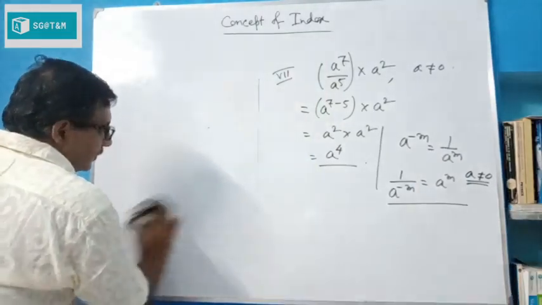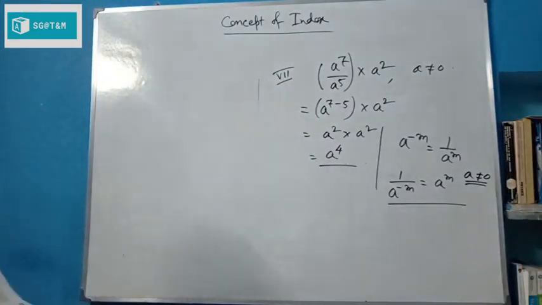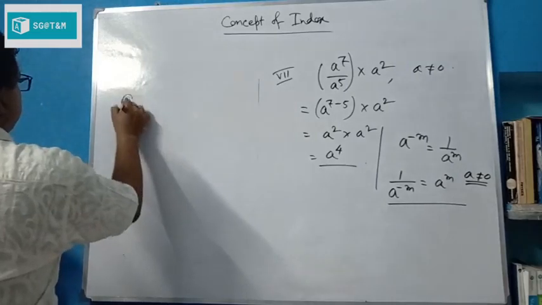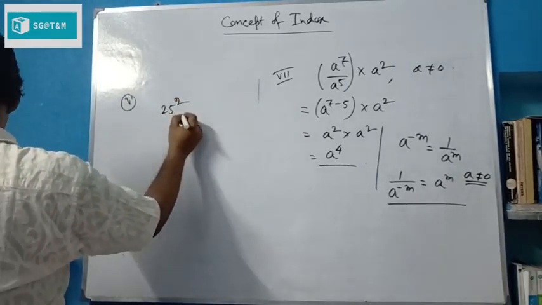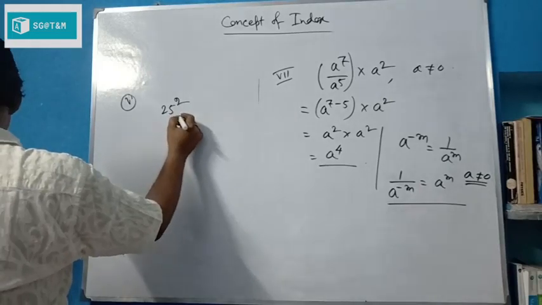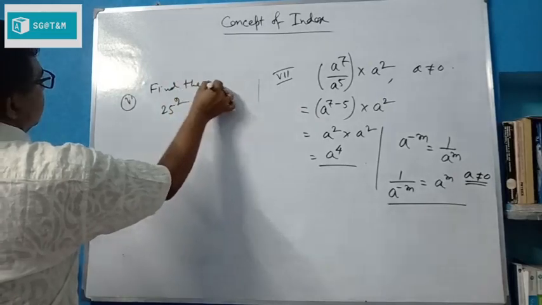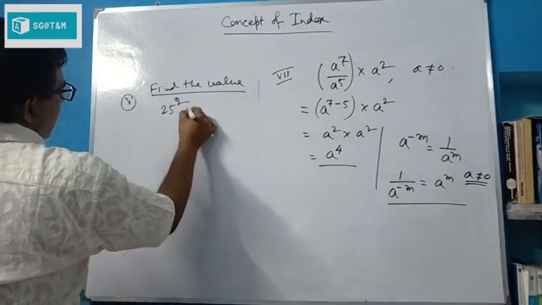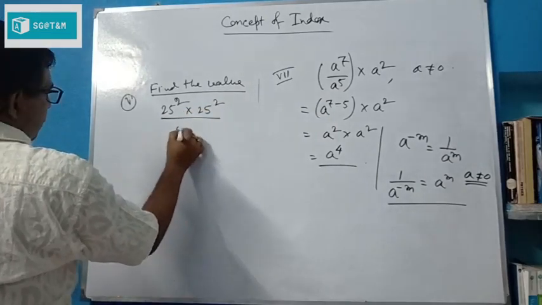Now, I will give you some problems. Try to solve and send it to me. Problem number 5: 25 square, simplify, find the value, 25 square into 25 square divided by 5 to the power 10.